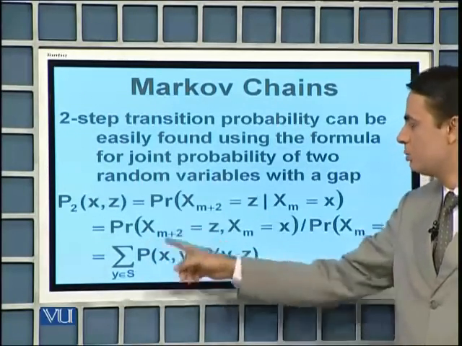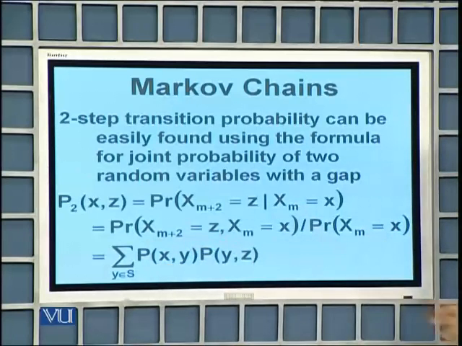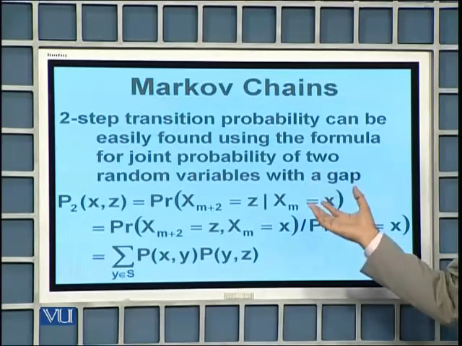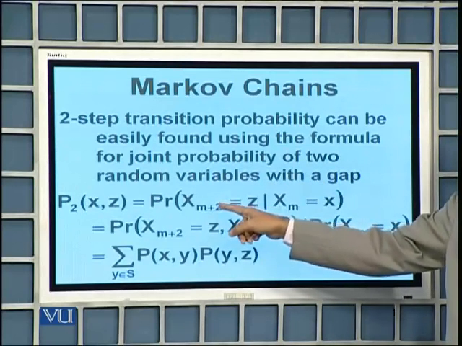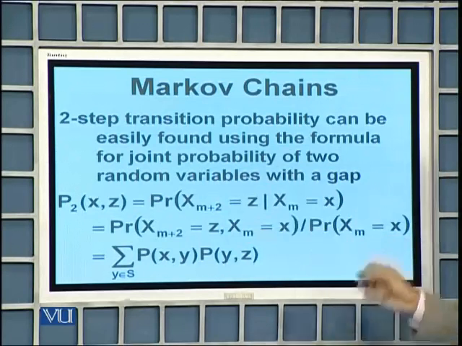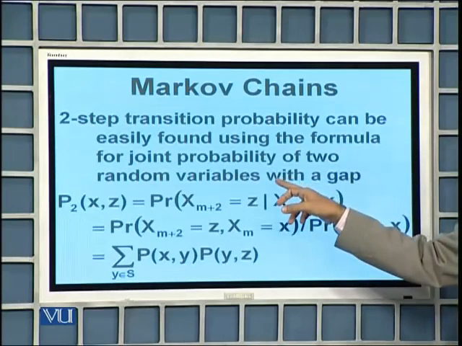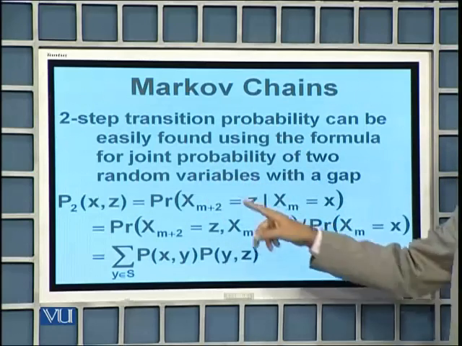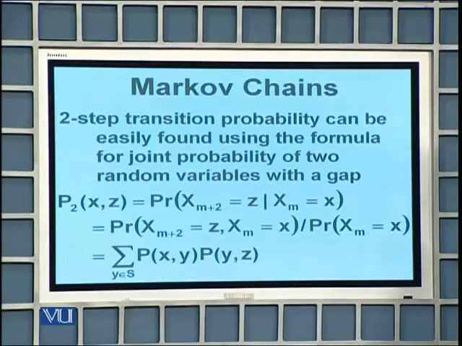These are one-step transition probabilities from x to y and then y to z. This expression should make sense because this conditional probability, knowing that we are here and we want to go to this random variable in two steps, involves all possible steps from x to an intermediate point y and then from y to the next point where X_{m+2} takes on a value of z.